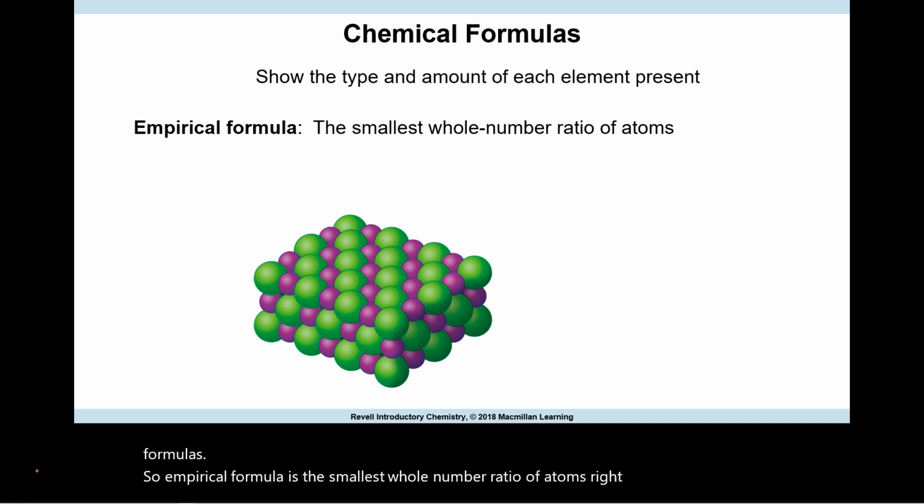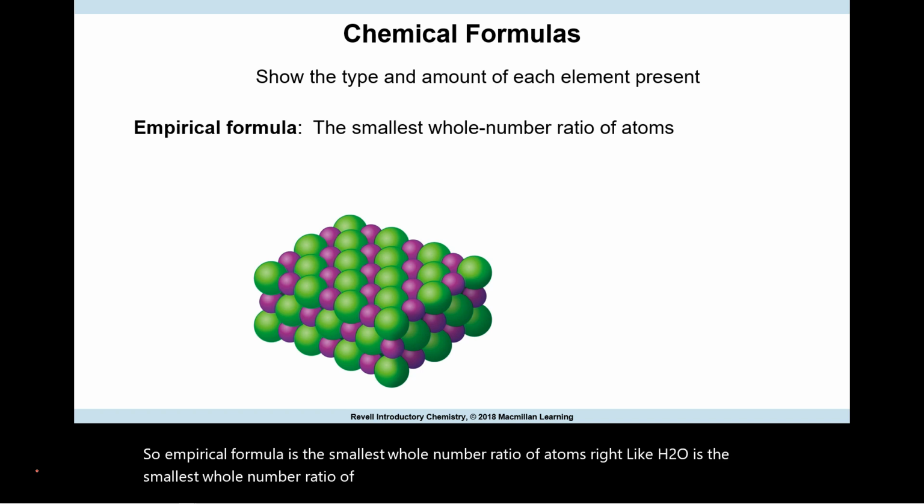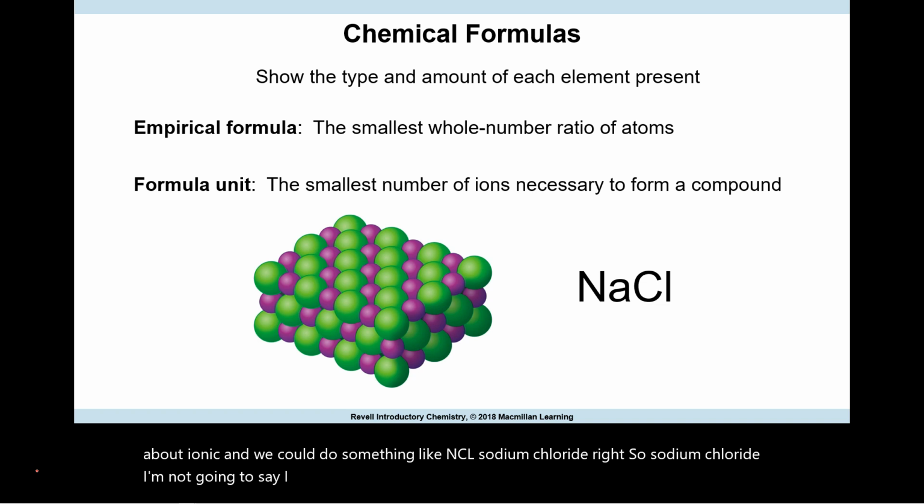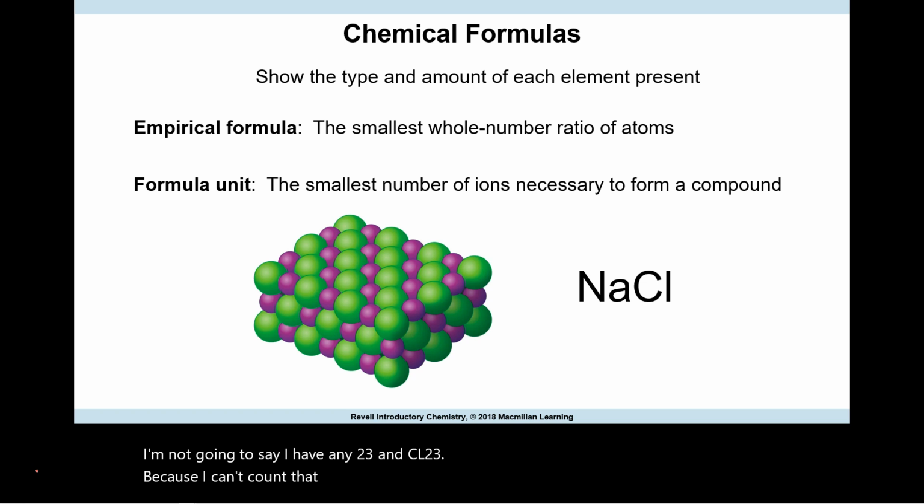Like H2O is the smallest whole number ratio, but that's more for covalent. In this case, we're talking about ionic, and we could use something like NaCl, sodium chloride, right? So for sodium chloride, I'm not going to say I have Na23 and Cl23, because I can't count that many of those molecules. They're so small. So we basically write everything in its empirical formula.